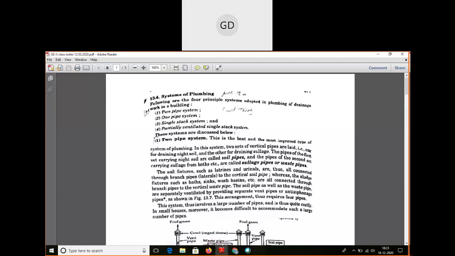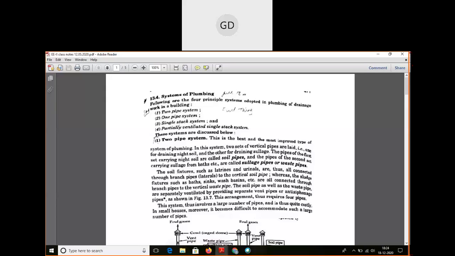The soil fixtures such as latrines and urinals are connected through branch pipes to the vertical soil pipe, whereas the other fixtures, like baths, sinks, and wash basins, are connected through branch pipes to the vertical waste pipe.